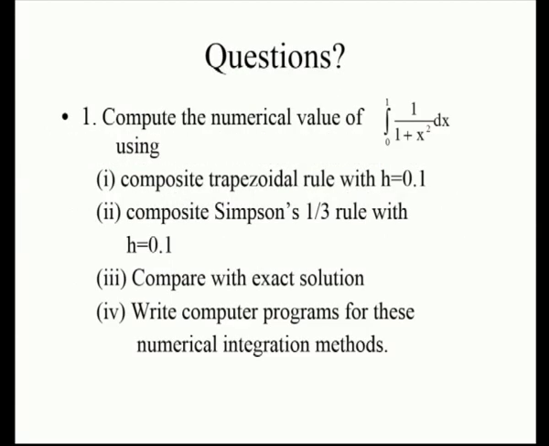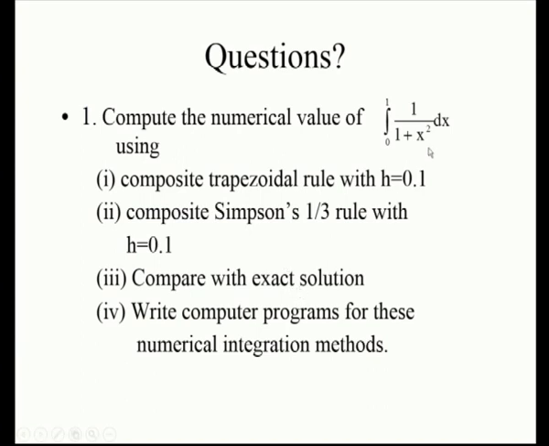Now, carefully take these questions; the students are advised to do this. For the function 1 upon 1 plus x squared, calculate the composite trapezoidal rule with 0.1 as the subinterval length. The same thing should be done for the composite Simpson's rule, and compared with the exact solution.